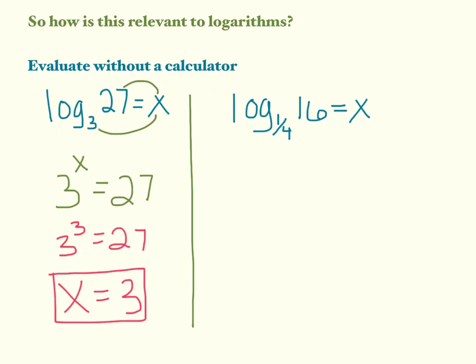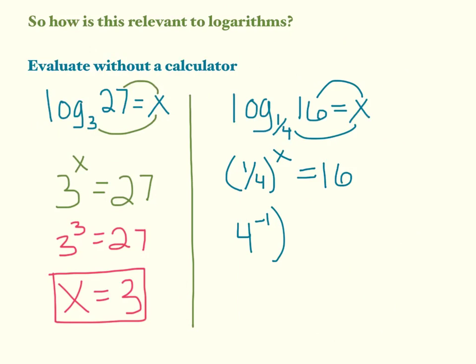Or look at this one. We've got log base 1/4 of 16 equals x. So we're taking 1/4, and I'm putting it in parentheses because it's all to the x power equals 16. And I'm not really sure what I would raise 1/4 to get 16, but I can look at those and say those are both powers of 4, because 1/4 is 4 to the negative 1 power.